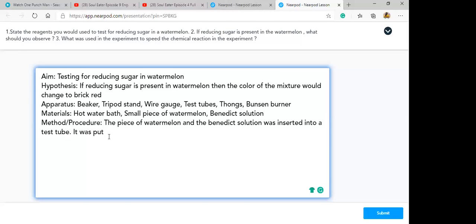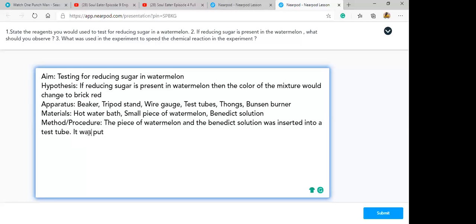Because when somebody reads your method or procedure, they should be able to follow it. They should be able to take up your report and follow what you did to do the test. You understand?